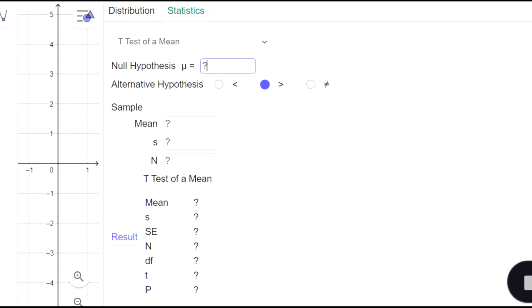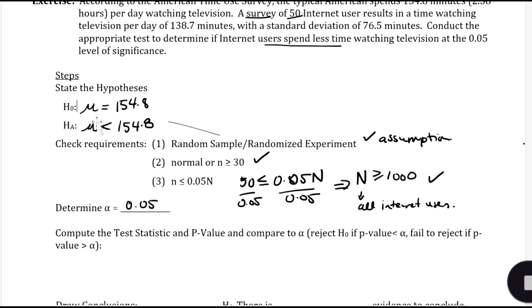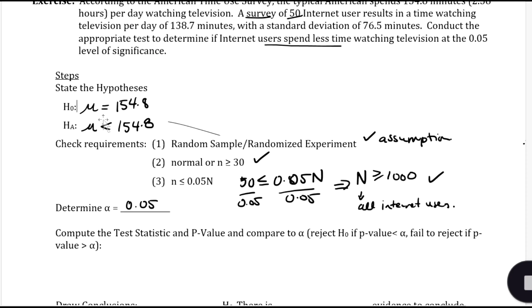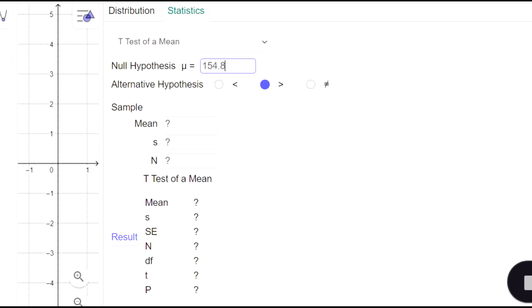Our null hypothesis was that mu equals 154.8. The alternative hypothesis is the same statement but with a different inequality: instead of an equals, we have less than, greater than, and does not equal. We have a less than, so we need to change this to a less than.